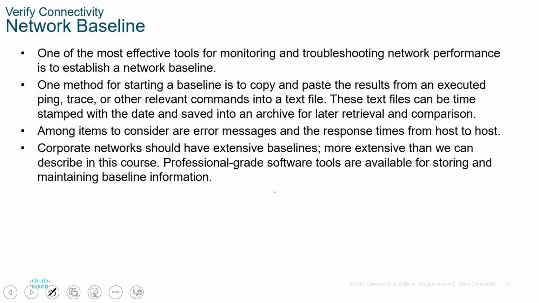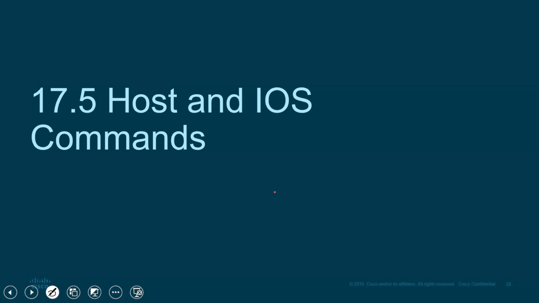These text files can be time-stamped with the dates and saved into an archive for later retrieval and comparison. Among items to consider are error messages and the response time from host to host. Corporate networks should have extensive baselines, more extensive than we can describe in this course. So that is the most important thing that you have there.